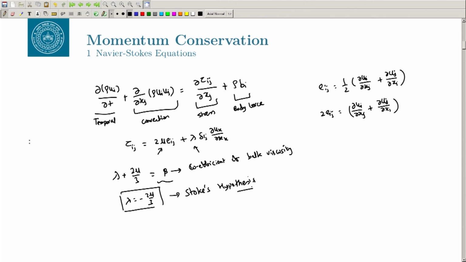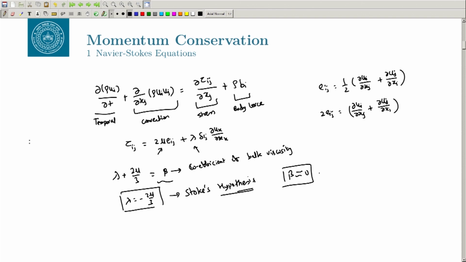This is exactly true for monatomic gas because they have only the translational degree of freedom, but when you treat diatomic and triatomic gases, then it becomes a hypothesis. In that case also lambda plus 2 mu by 3, or basically beta, is nearly 0.